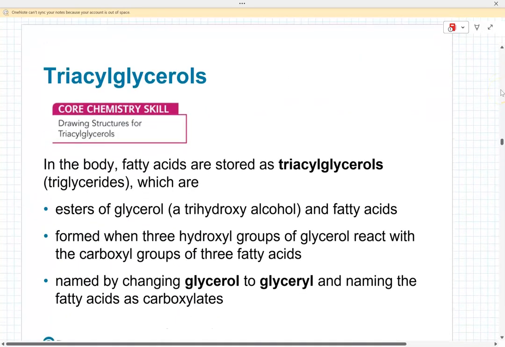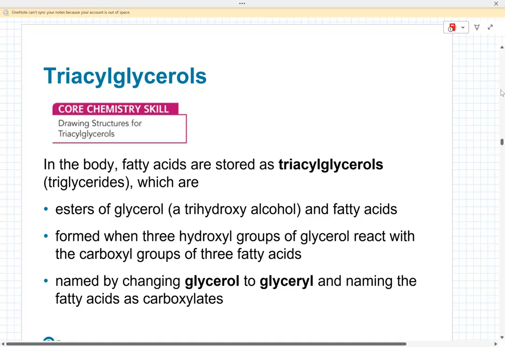Now, triacylglycerols. So, okay, technically speaking, hear me out. When we use the culinary terms fat and oil, right? Let's say, okay, for simplicity, butter versus oil. When we say oil, it's liquid at room temperature, and for the most part, it comes from plants. Butter is solid at room temperature, and comes from animals' milk.